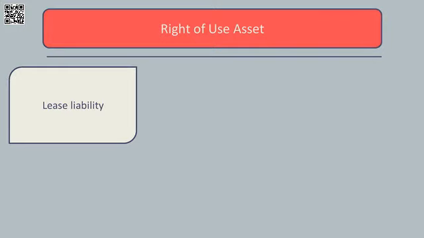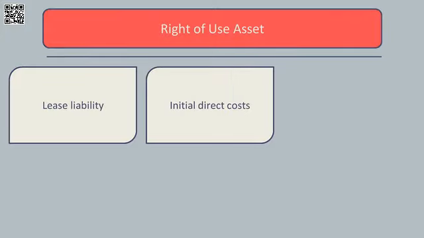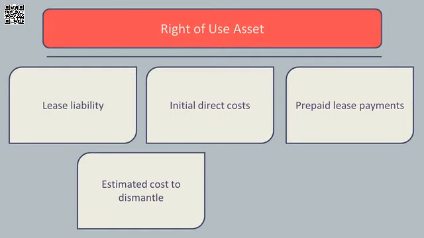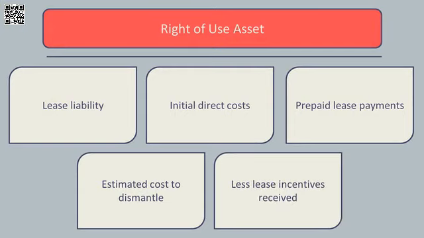However, in addition to this lease liability, we would also include any initial direct costs, any prepaid lease payments, any estimated costs to dismantle, and we would take off any lease incentives received, and this would give us our right of use asset. Now in a few moments I'll show you some numerical examples and we can see just how the right of use asset is calculated.